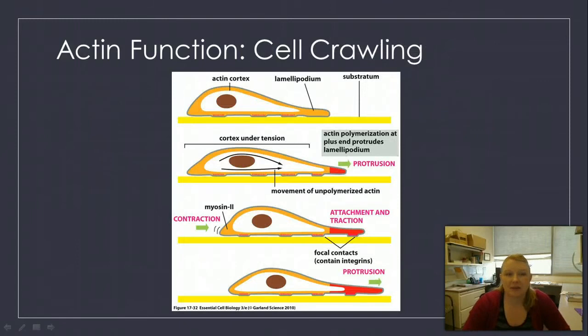So here's an example of cell crawling. There are 3 main steps to cell crawling, and these are all supported by actin. The first is the polymerization of the lamellipodia, and you can see that here in this picture. It starts to stick out a little bit, and that forms the protrusion.